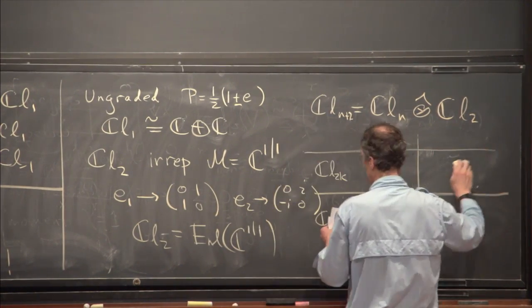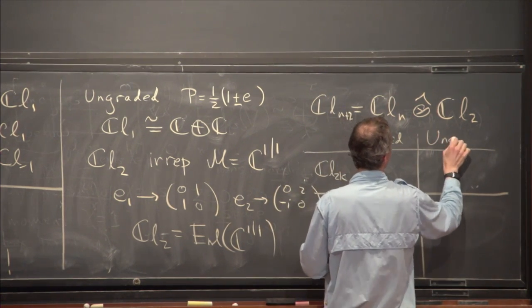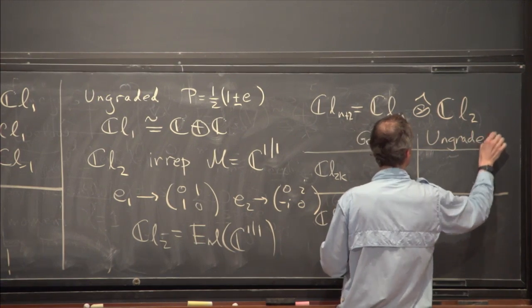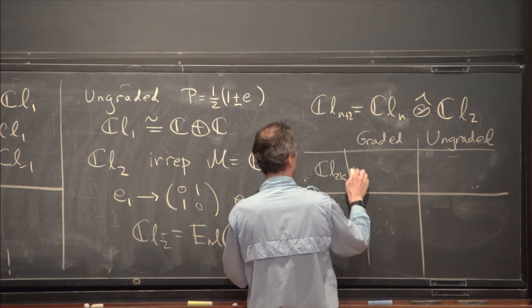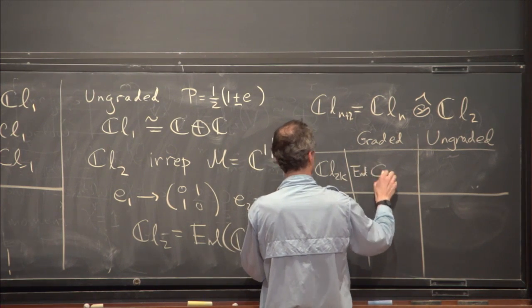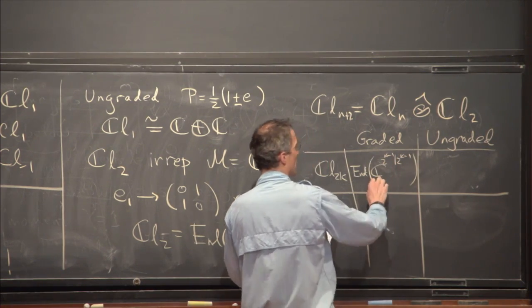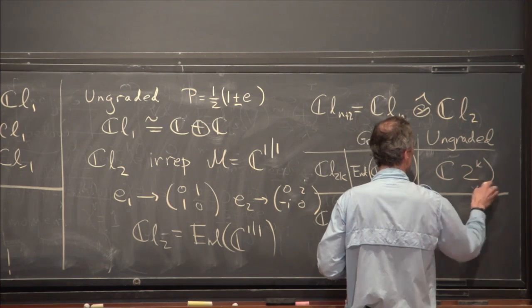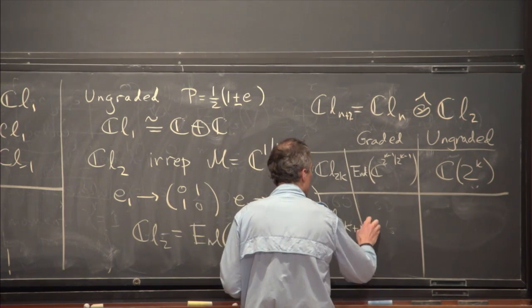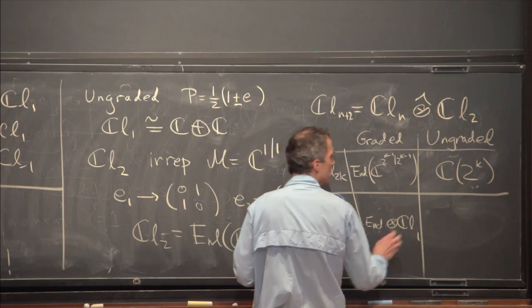And now we have the graded and the ungraded. And here we have a matrix algebra, C to the 2 to the k minus 1 slash 2 to the k minus 1. If we forget the grading, we just get C of 2 to the k. Here we have that matrix algebra tensor Clifford 1.